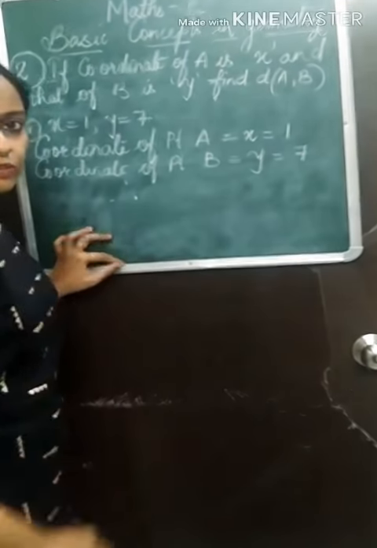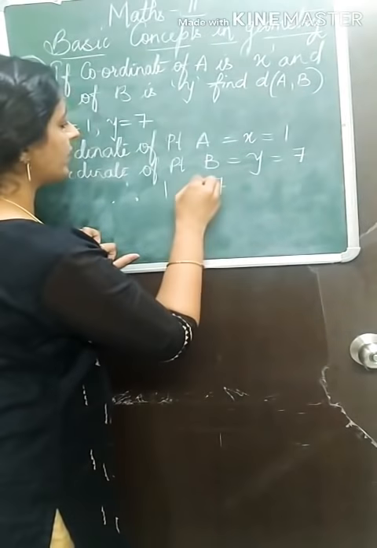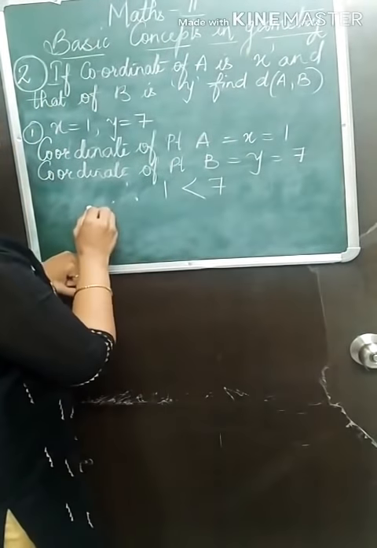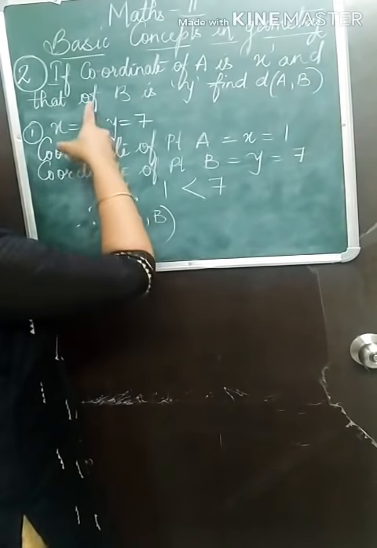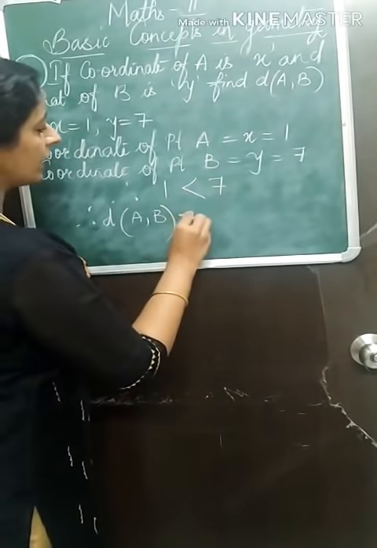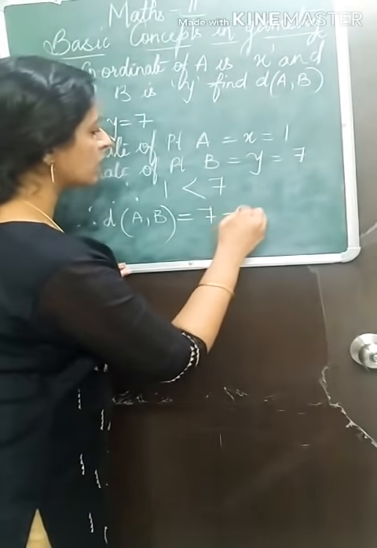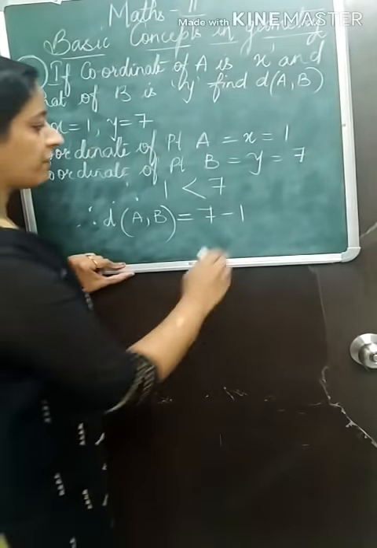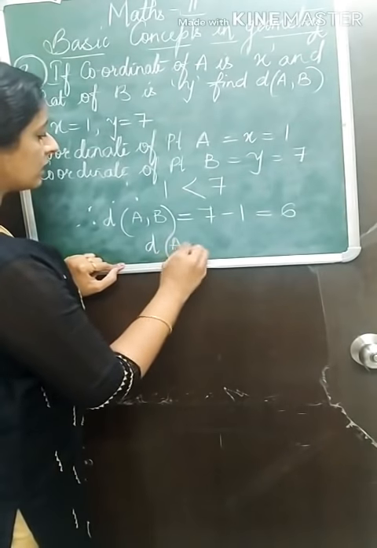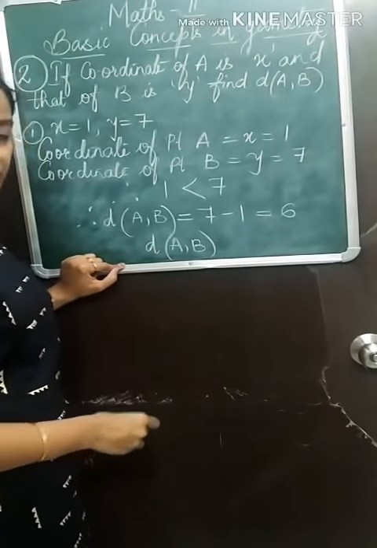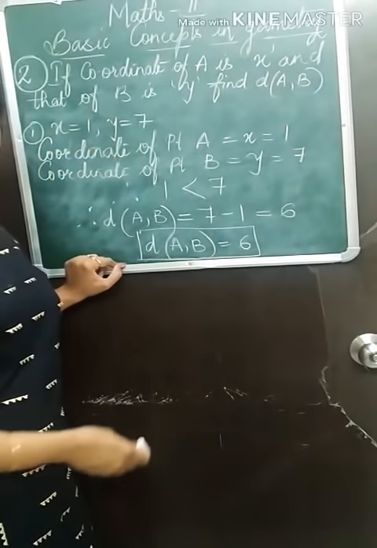Therefore, if you want to find the distance, you will find out which one is greater. 1 and 7, 7 is greater. Next step, therefore distance between A and B will be the bigger coordinate 7 minus the smaller coordinate 1. 7 minus 1 is equal to 6. You will highlight your answer. Distance between A, comma B equal to 6, or you can write 6 units.